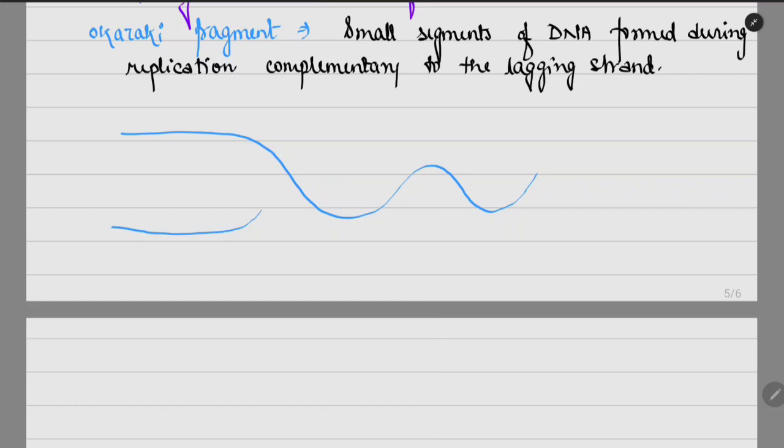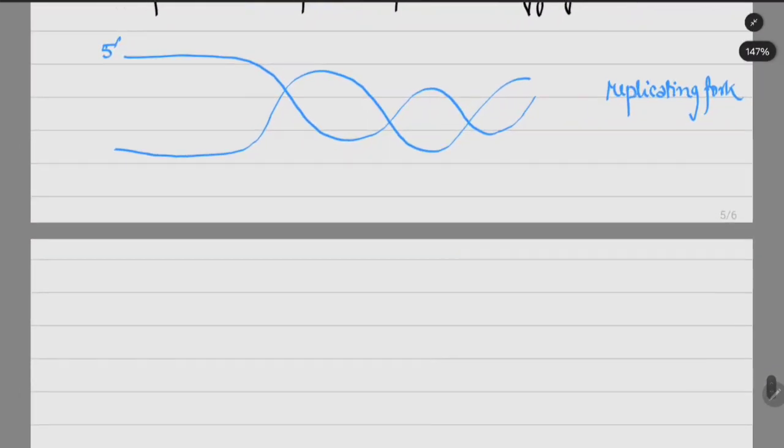This is a replicating fork. You see that this looks like a fork. That's why it is also called the replicating fork. This is the 5' to 3' side, and this one is 3' to 5' side.